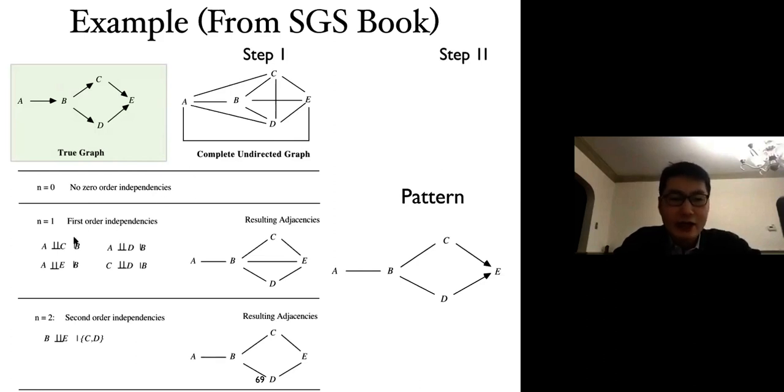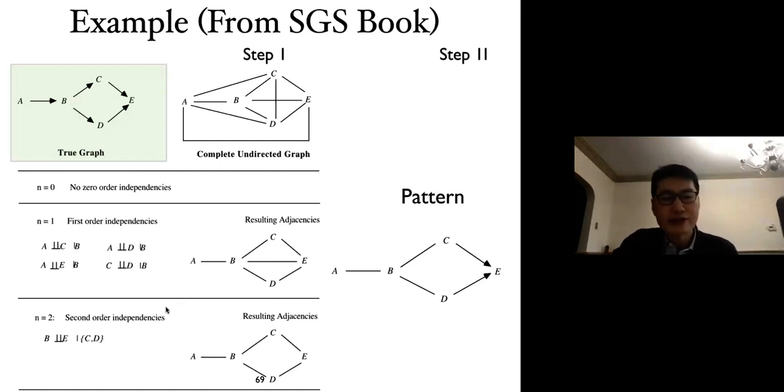Then if we condition on a single random variable, you can see A and C are independent given B, A and E are independent given B, A and D are independent given B, and C and D are also independent given B. Given this, we know that A and C are not adjacent, A and E are not adjacent, A and D are not adjacent, and so on. As long as they are conditionally independent given anything, they are not adjacent.